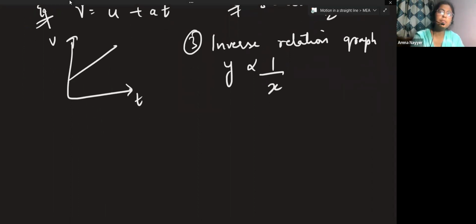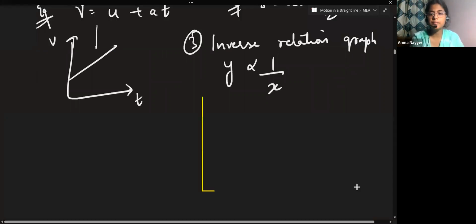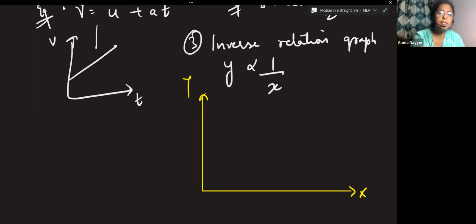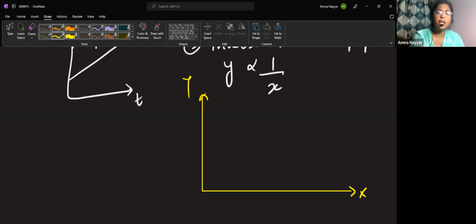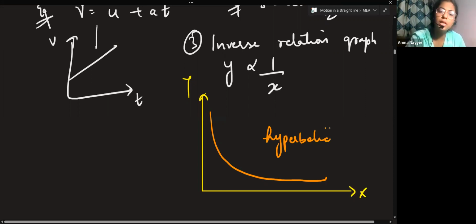Now how the graph will look like. This is x, this is your y-axis, your graph. This is the nature of the graph, and we call this graph a hyperbolic graph. Right? This graph is known as hyperbolic.